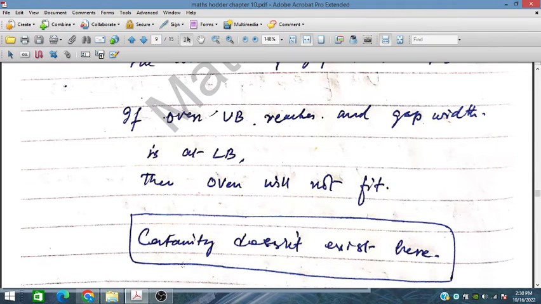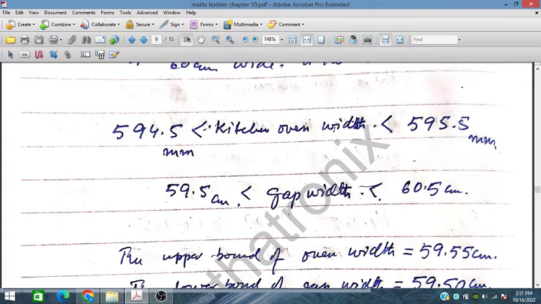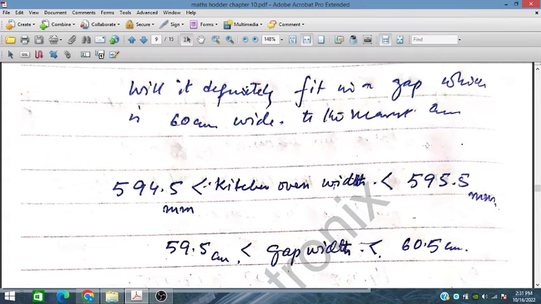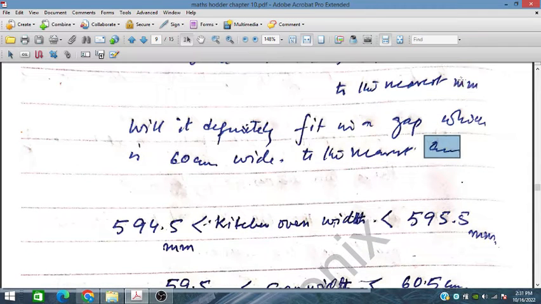Certainty does not exist here. So we cannot say anything, because the gap width is to the nearest centimeter, in centimeters, and the oven is in millimeters.